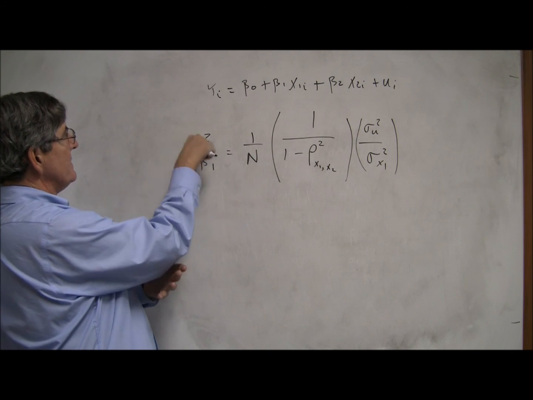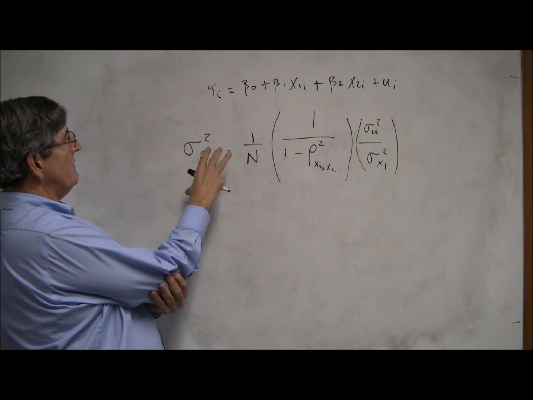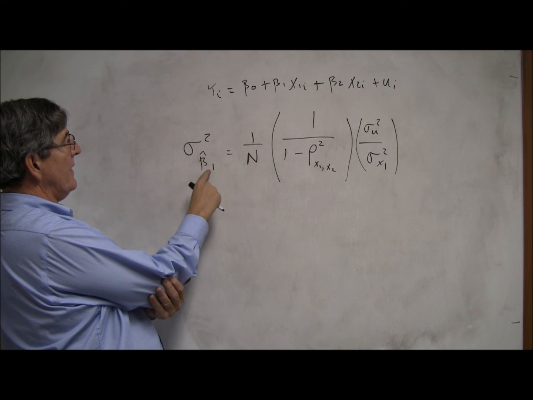The sample estimate is an estimate of this thing, but this is the variance of the estimator beta 1 hat.